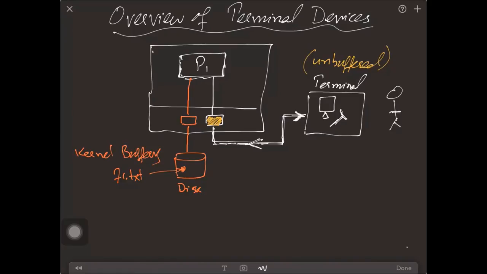That is, bytes flowing from the process to the disk are accumulated into the buffer in kernel memory and later sent or transferred onto the disk.